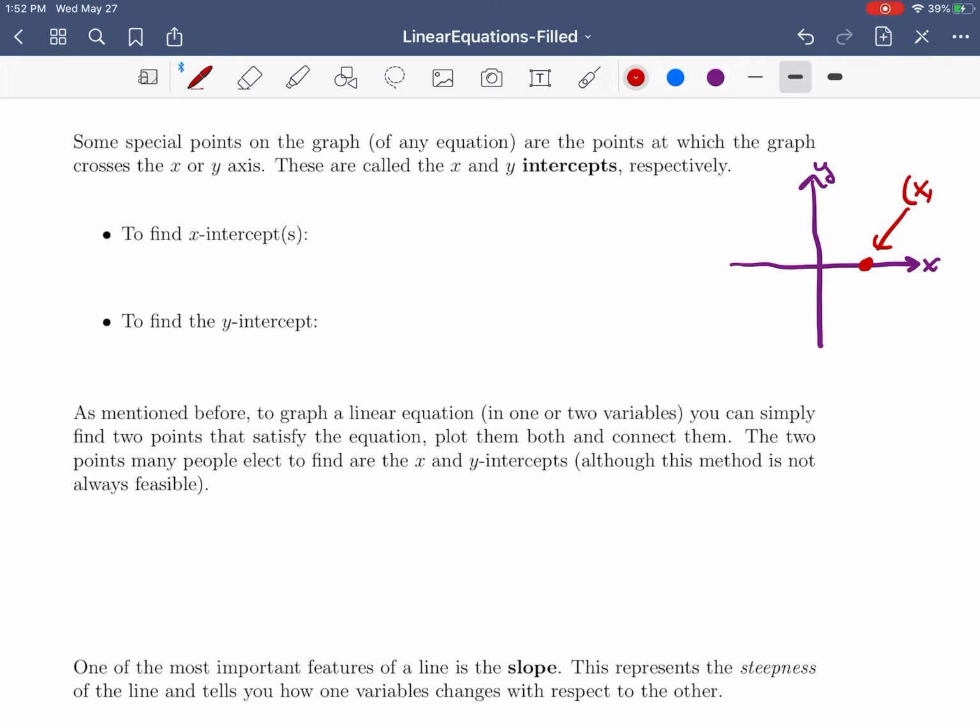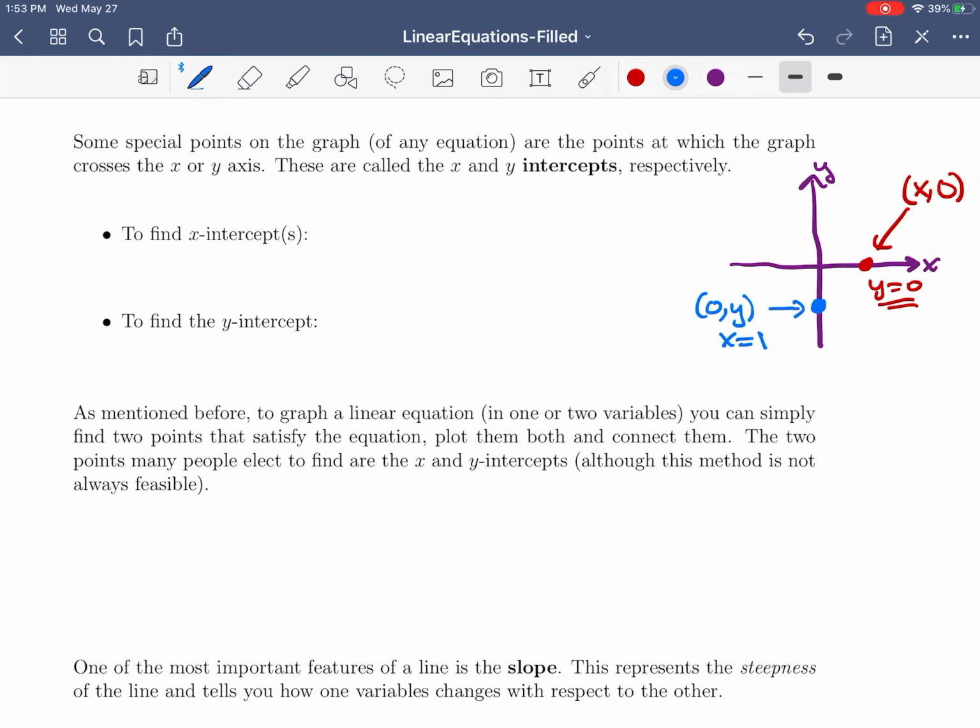So this is going to have coordinates x, 0. So the y value has to be 0. Okay, if I have a point on the y-axis, that means I have not moved to the left or to the right. So my first coordinate is going to be 0, and my second coordinate maybe will be some number.